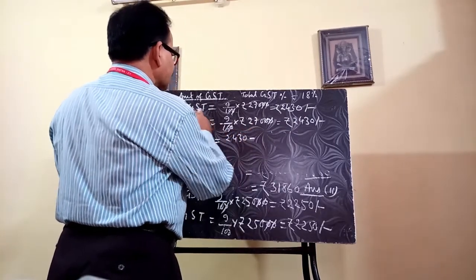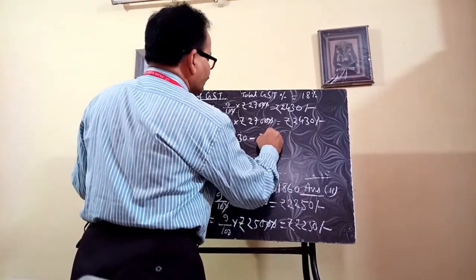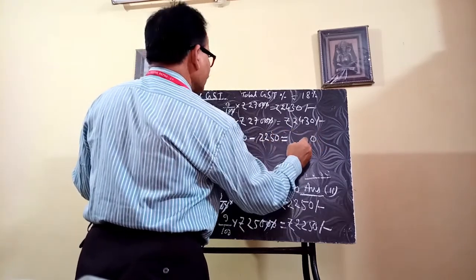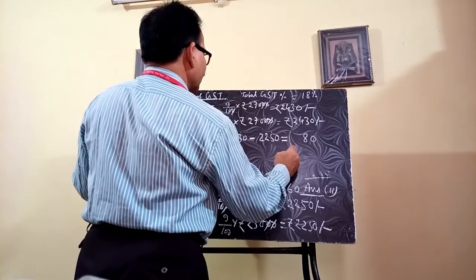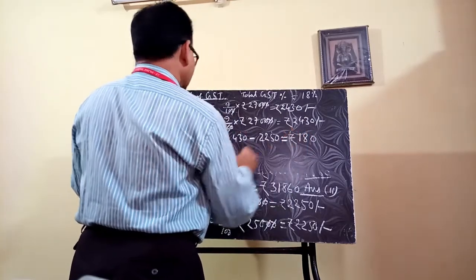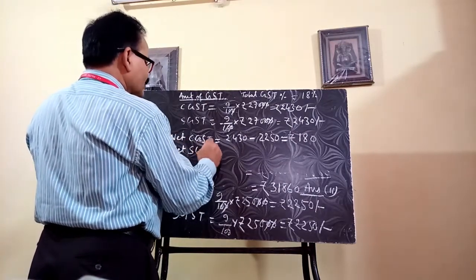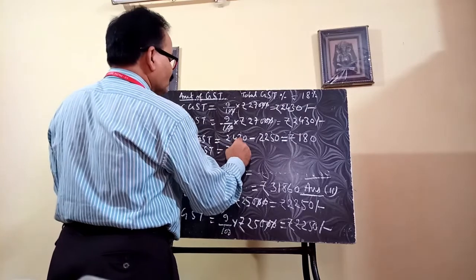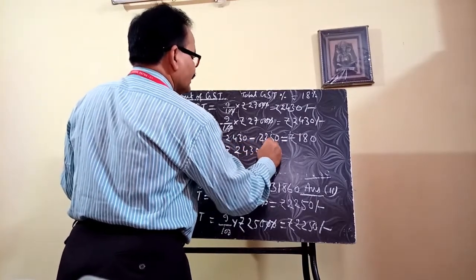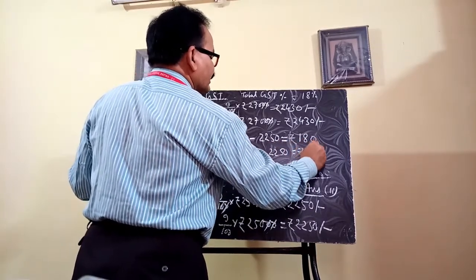2430 minus, this is your output GST, and the input GST is rupees 2250. So the difference will be rupees 180, and the net SGST will be rupees 2430 minus rupees 2250, again rupees 180.